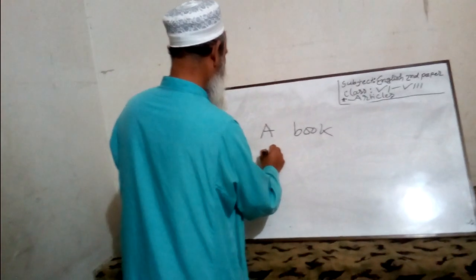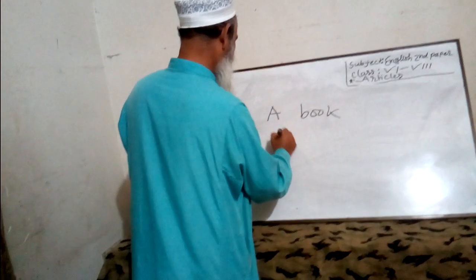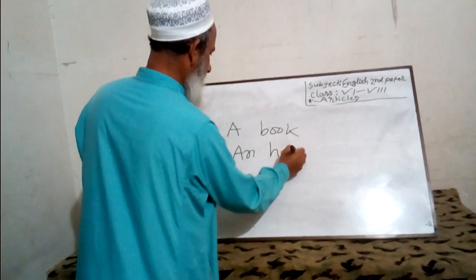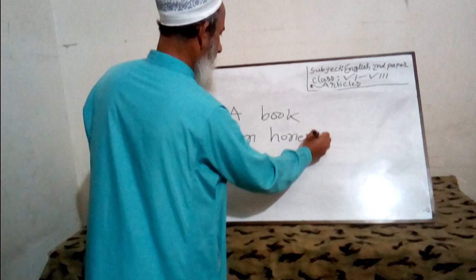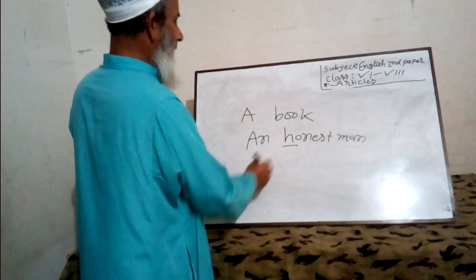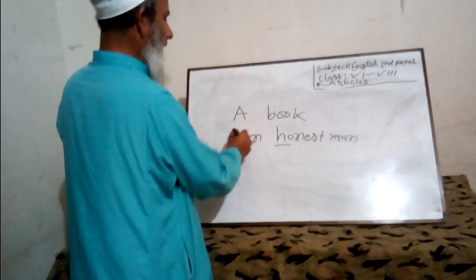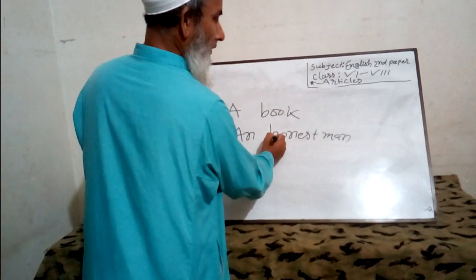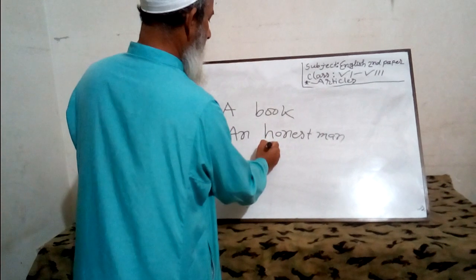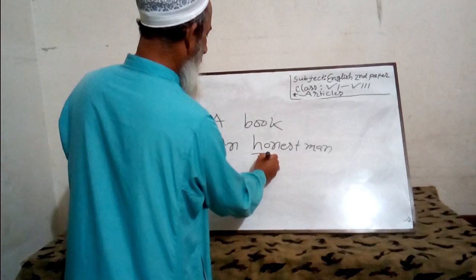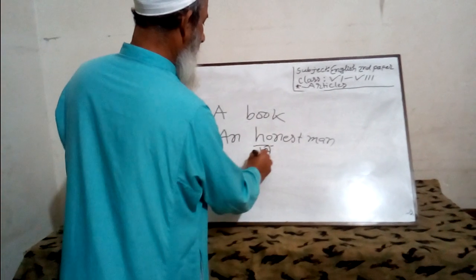But if we say an honest man, here the first letter is also consonant, but we have to use an because the first letter H is silent, and honest sounds like O. So O is vowel.